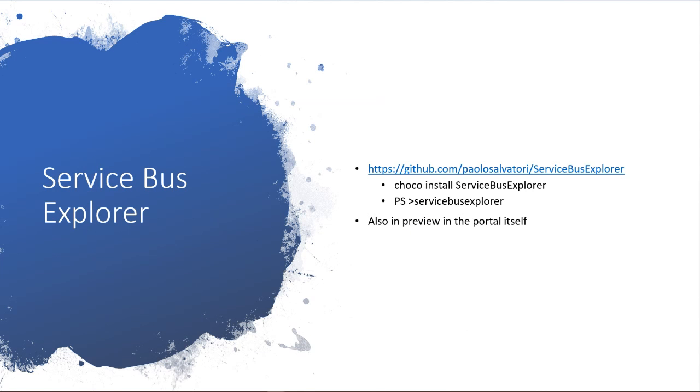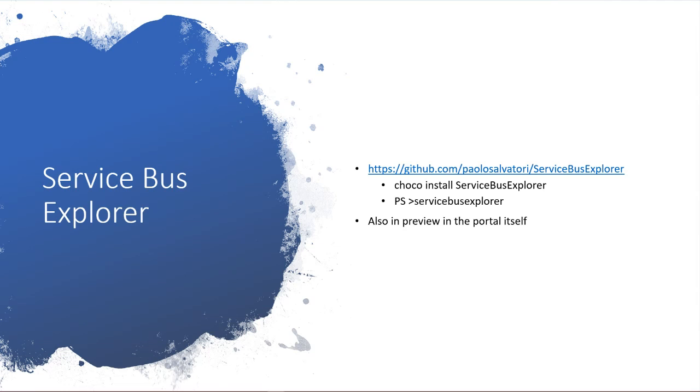Okay, so the first tool or demo that I wanted to give was Service Bus Explorer. If you're using Service Bus, you'll set it up on the Azure portal, and I won't go into setting up Service Bus as such. It's a relatively straightforward process.